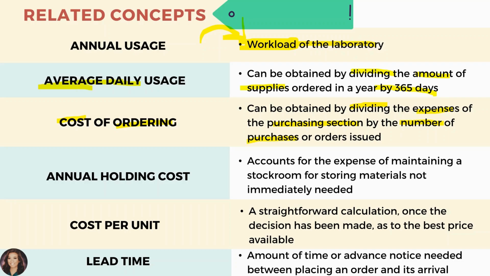Like for example, if your expenses was 50,000 and yung number of items na binili mo is just 5. 50,000 for 5 items. So try dividing that. Tama ba? That's 10. So 10 ang cost of ordering mo. Tama ba? 50 divided by 5. Okay. Ayun.